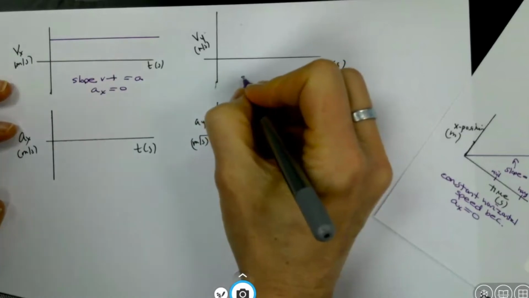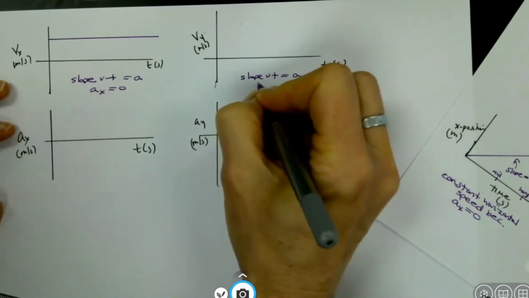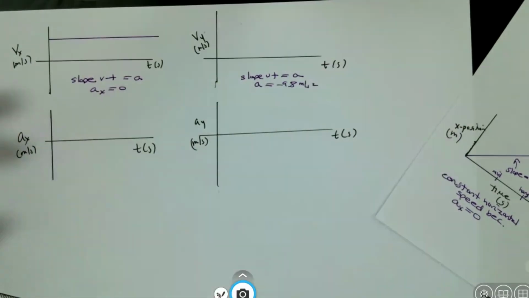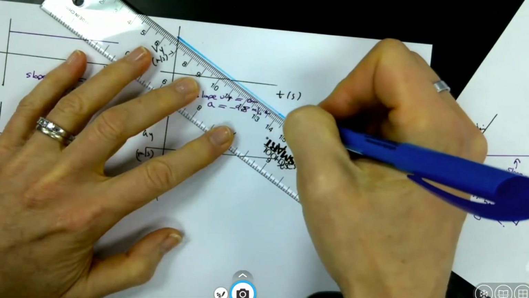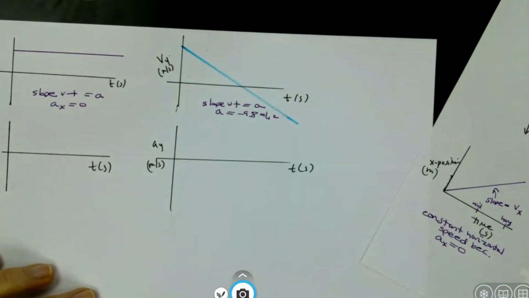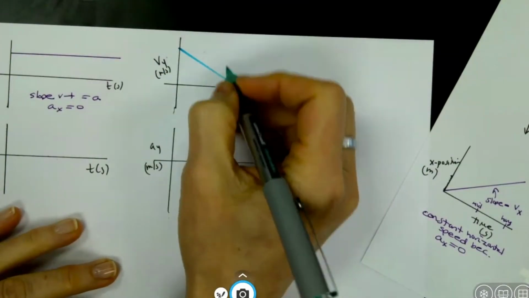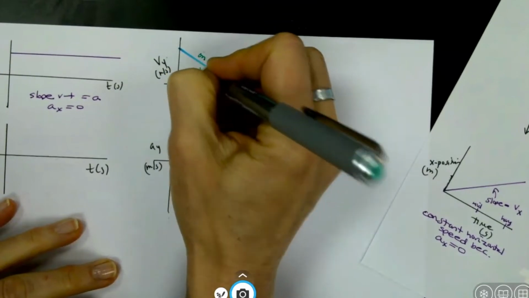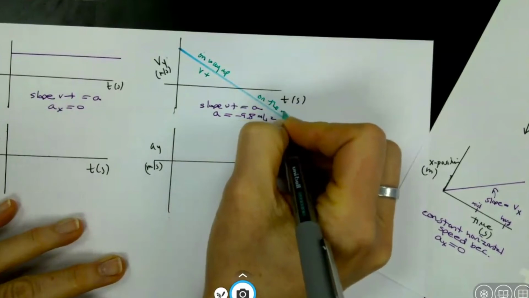In this one, we know the slope of a VT graph is going to be acceleration, and acceleration is negative 9.8. So in this case, we're going to have a line that's like that, where we have positive values of velocity. This is on the way up. And here we have our negative values, so this is on the way down.